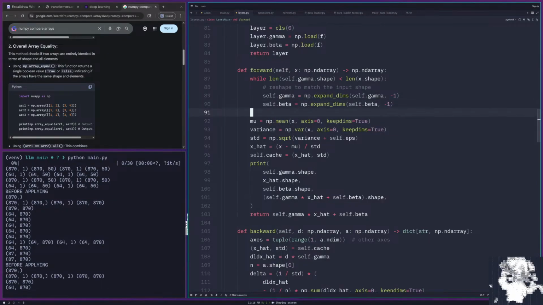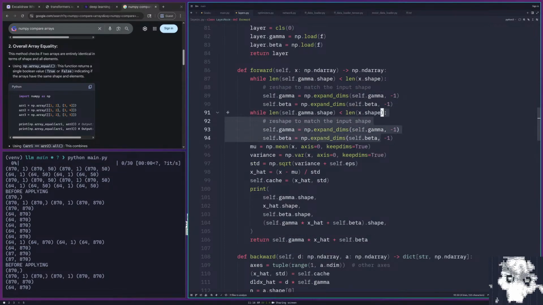The other way to do it is to add the dimensions to the x vector.